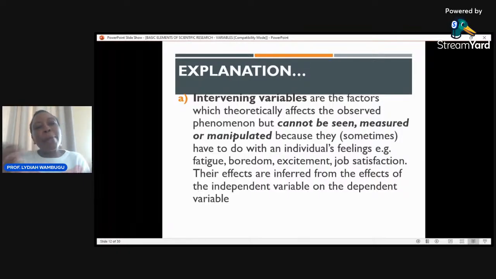We have all met our friends in one way or the other. There is a person you can meet with. When you sit down to talk, you conclude this person is very brilliant. They didn't come with it written here, brilliant. They didn't place it on the table that you can see they are brilliant. But from the way they are conversing with you, the way they are articulating issues, you then conclude this is a brilliant person.